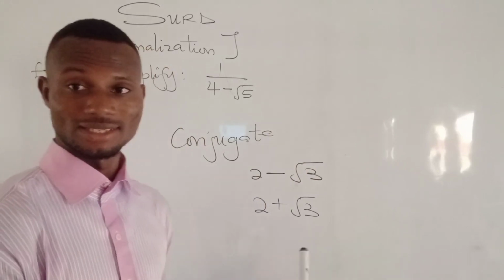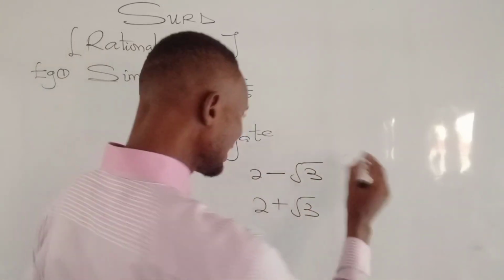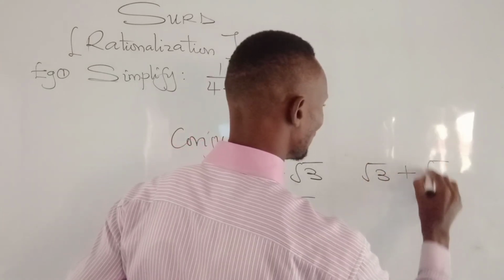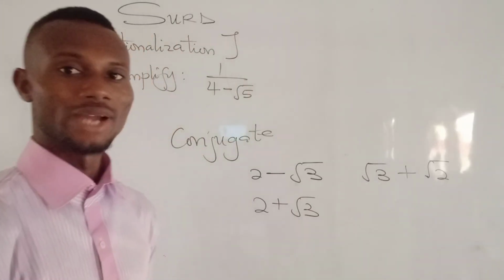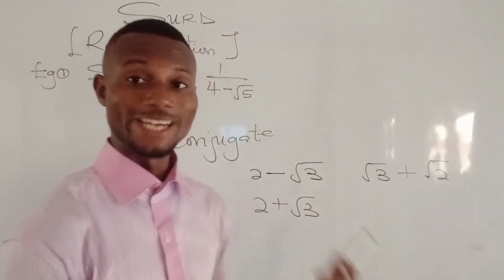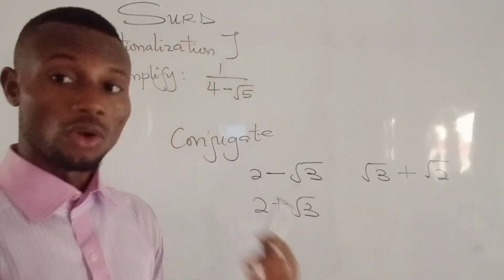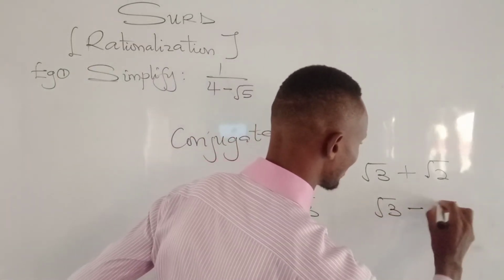Okay, so that's it. Very simple. Let me do another example with you. Assuming I have root 3 plus root 2, and you are being asked to find the conjugate of this. The conjugate is simply going to be root 3 minus root 2.